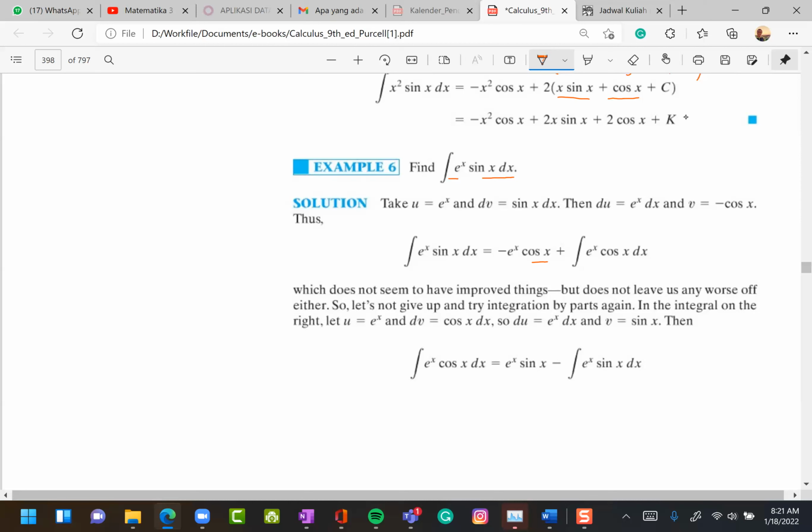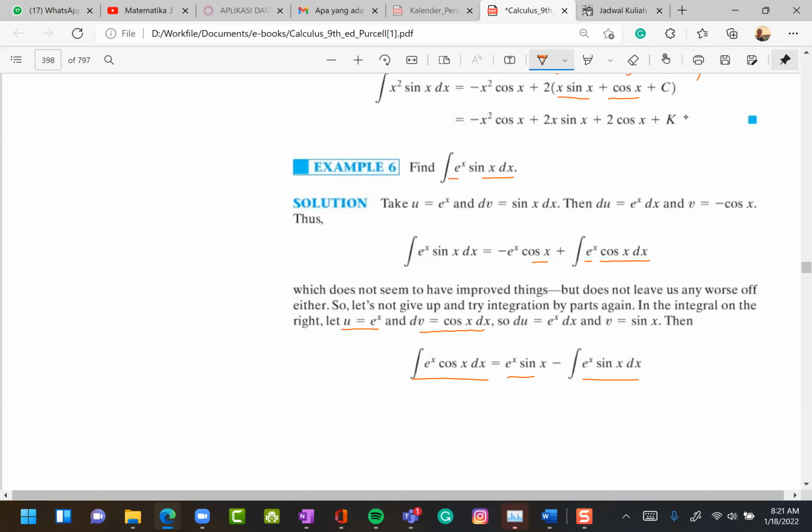Okay, so then let's do another integration by parts with this one, e to the x cosine x. If you compute this integration by parts here, we get this one directly. This is the choice, e to the x cosine x.